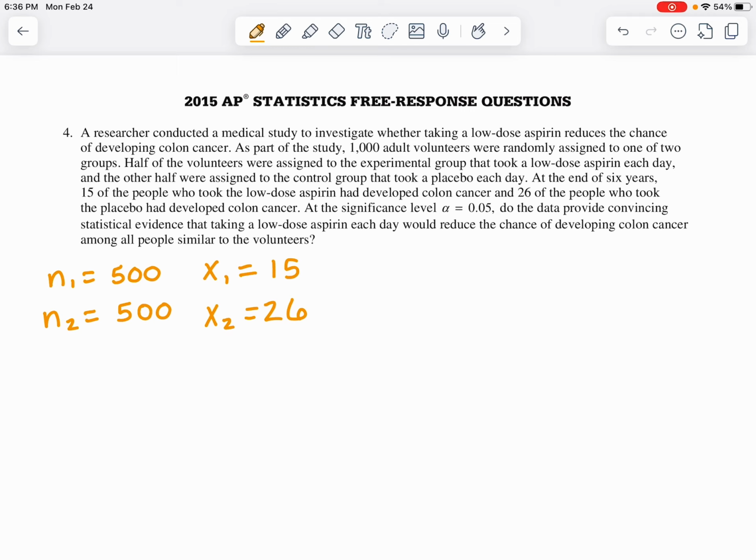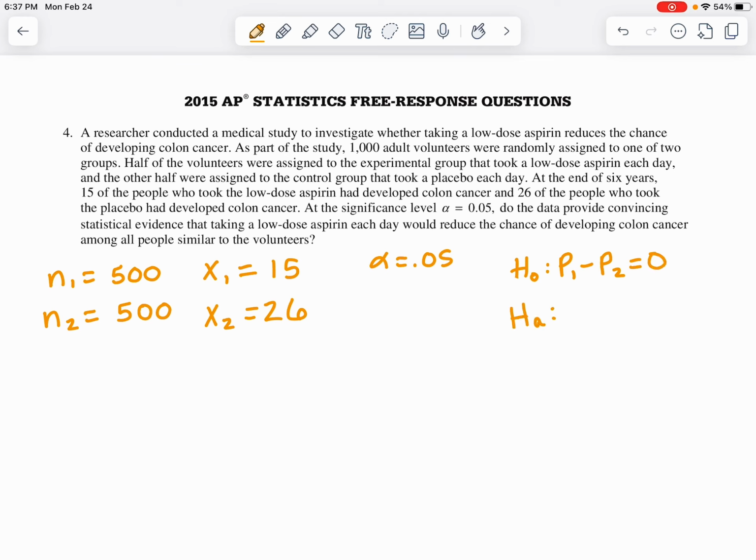At the significance level of 0.05, do the data provide convincing statistical evidence that taking a low-dose aspirin each day would reduce the chance of developing colon cancer? All right, so essentially we have this 2 sample here. The null hypothesis for a 2 sample is always P1 minus P2 equals 0. But what we really need to focus on is the alternative.